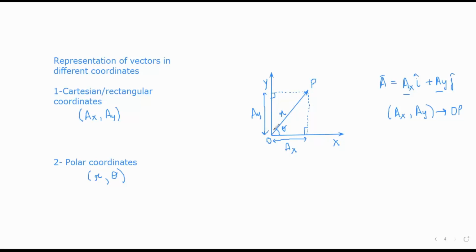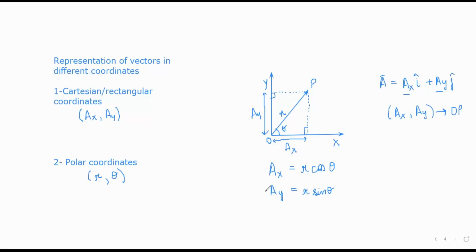So AX is simply r cos theta, using trigonometric rules, and AY is r sine theta. So here AX and AY.